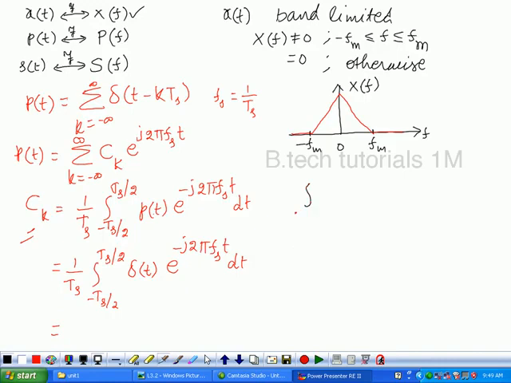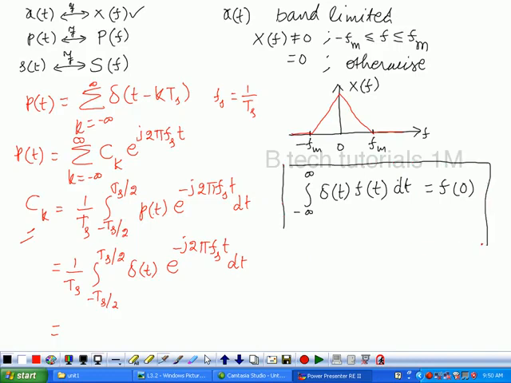There is one property of the impulse. Integral from minus infinity to plus infinity of delta of t f of t dt is equivalent to f of 0. Is that right? This is an important property of the impulse function.